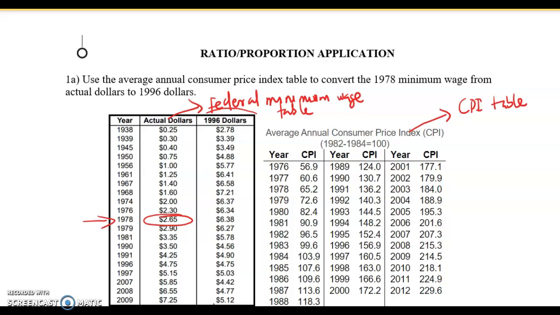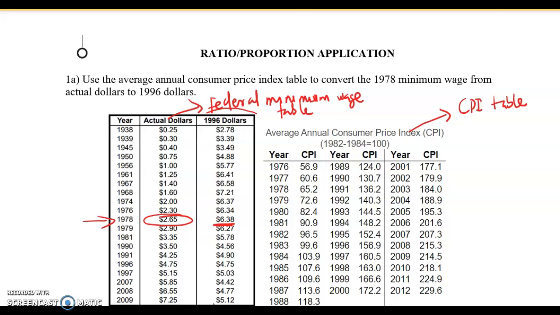Rather, after we convert this actual dollars, which is 2.65 cents, to 1996 dollars, we're going to compare that value with what we have been given on the table and see if that is consistent or not.